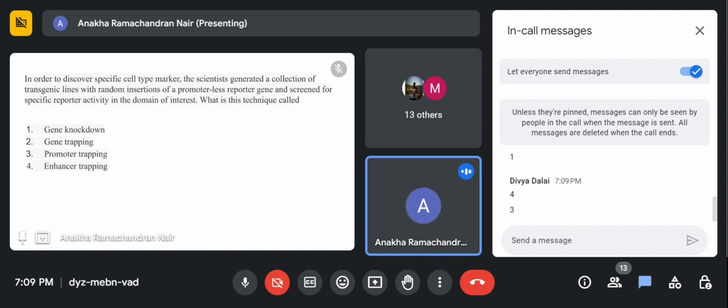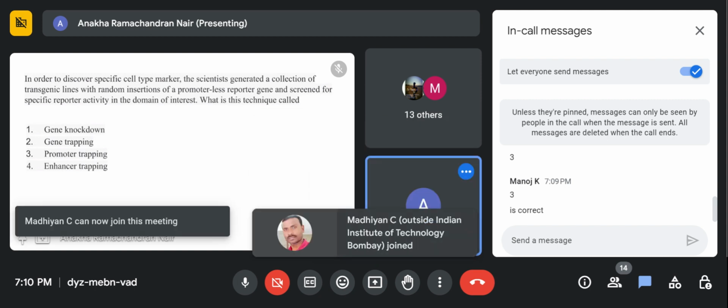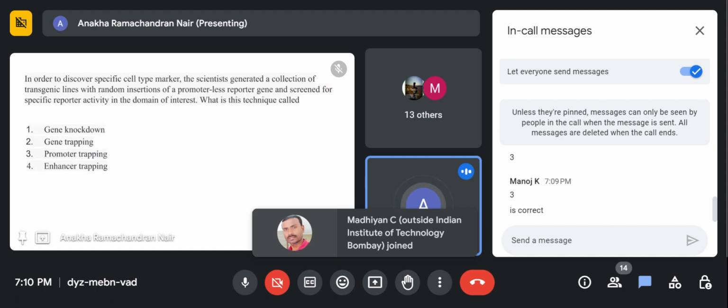Anyone else thinks it's a different answer? All right. So the majority is three, and the answer is in fact three.